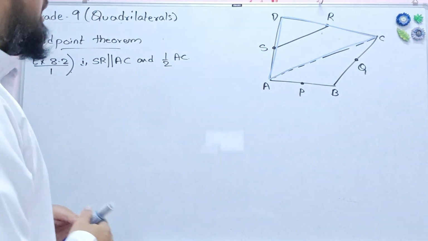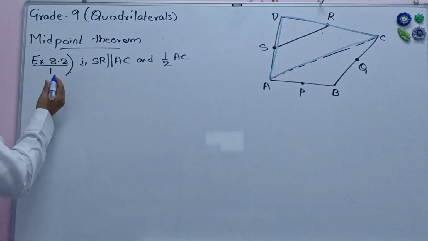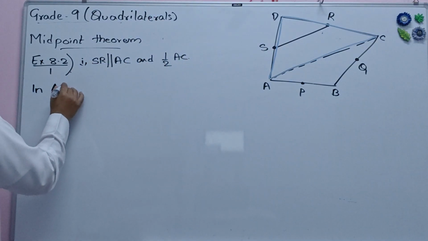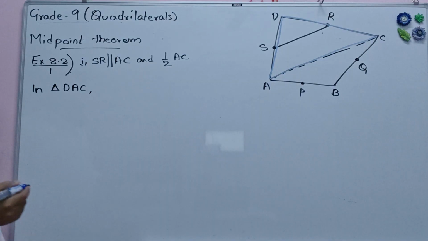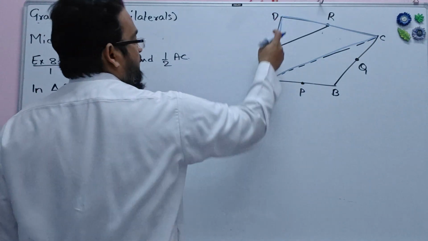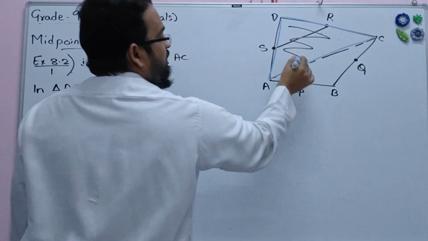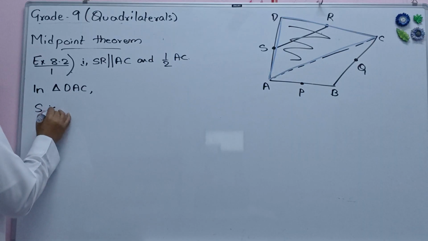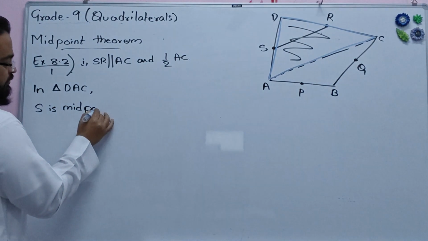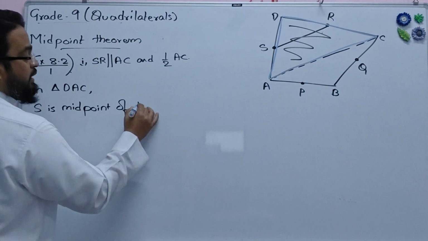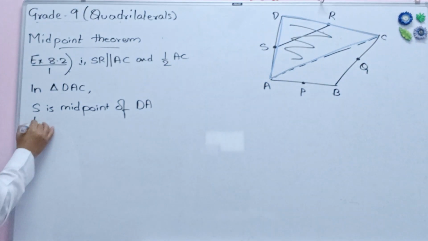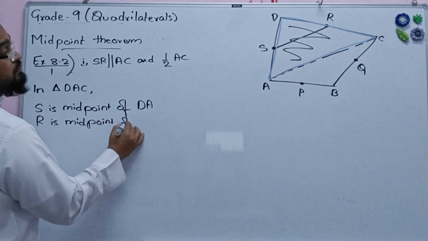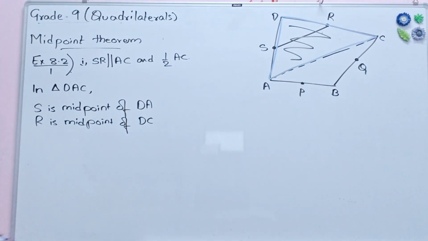So in triangle DAC, that means this triangle, S is the midpoint of DA and R is the midpoint of DC. Is it right?